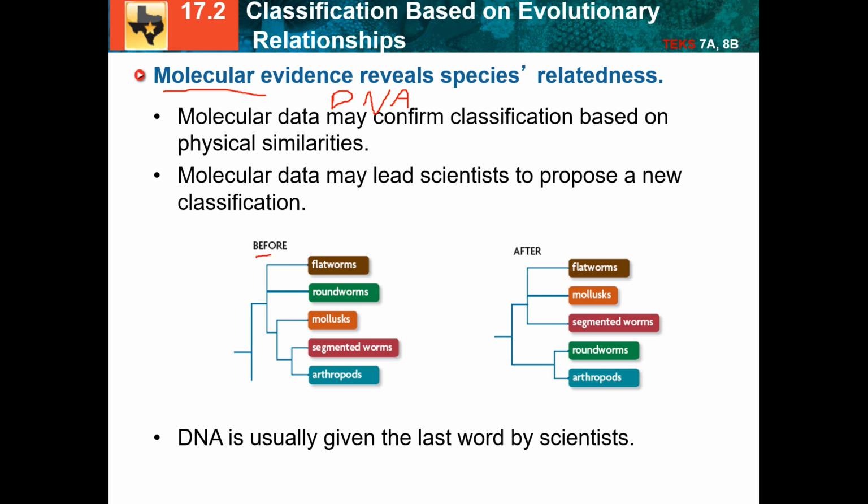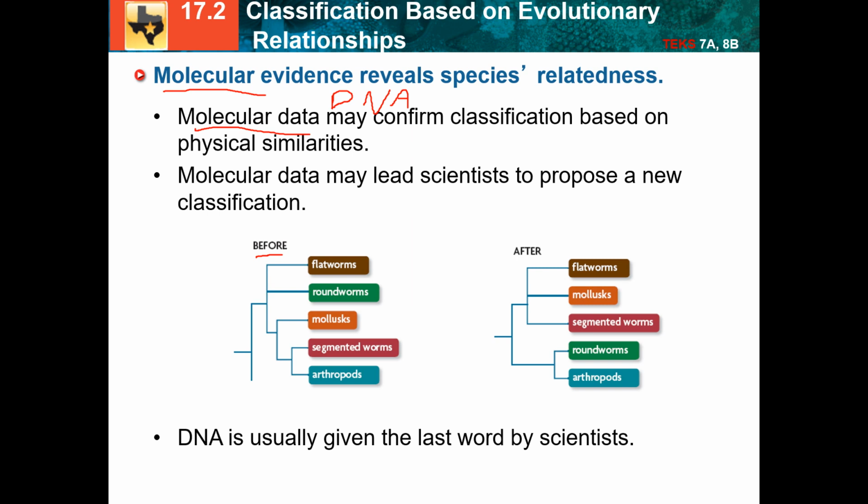So this before is showing a cladogram where we just classified these different types of worms based on what they look like. And this is the after, showing what this cladogram looks like once we take into account the DNA, the molecular data. You can see it's not completely different necessarily, but it did change, specifically the roundworms, mollusks and segmented worms.